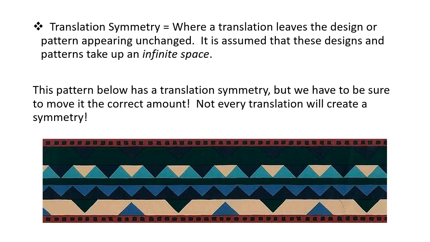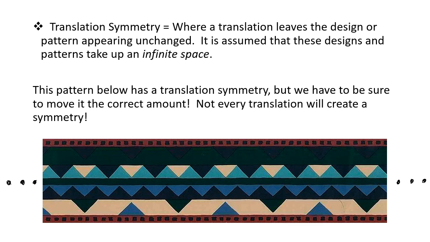Now, as I mentioned before, this is understood to continue in both directions here, left and right. So this is infinite in both directions. Now, it's not infinite along the top, and it's not infinite along the bottom. It's just moving along this one-dimensional line. So it's going in those directions.